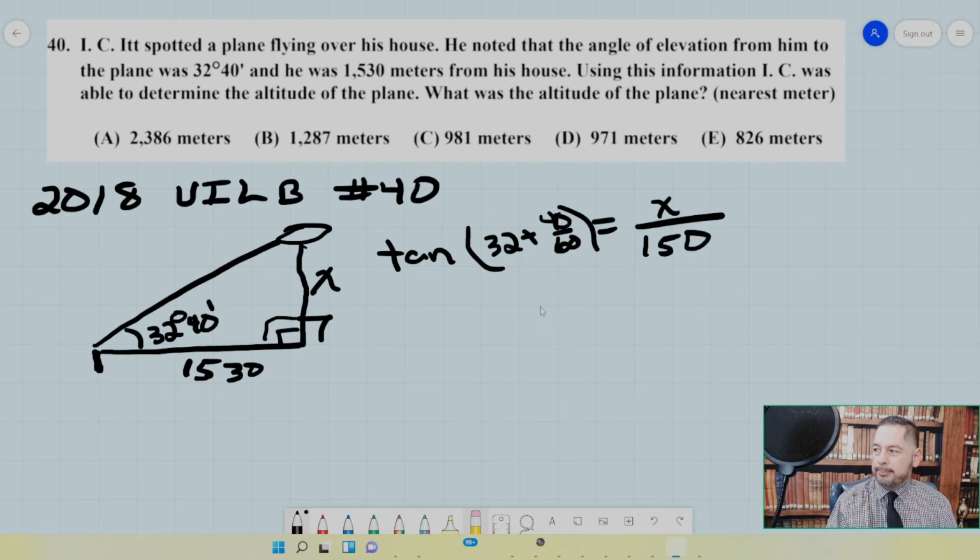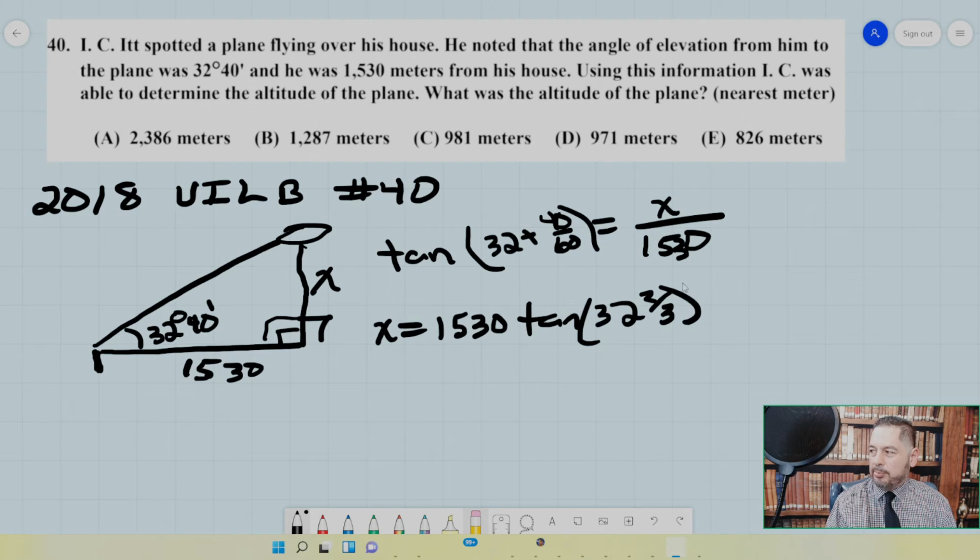And then when we solve, you can go ahead and say that X is equal to 1,530 times the tangent of, I'll just call that, 32 2/3 of a degree. And so let's put this into the calculator.